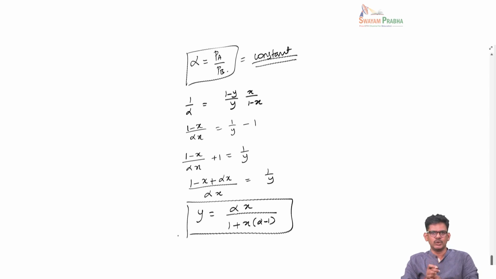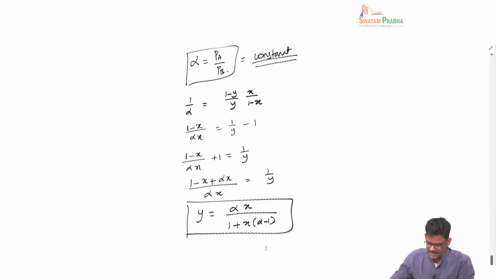So this is a very useful important relation that gives me y versus x data if I assume alpha is constant over the composition range. So typically in the GATE question they will say alpha is given the constant value, and this is the equation you should be using to get the VLE data or xy data.